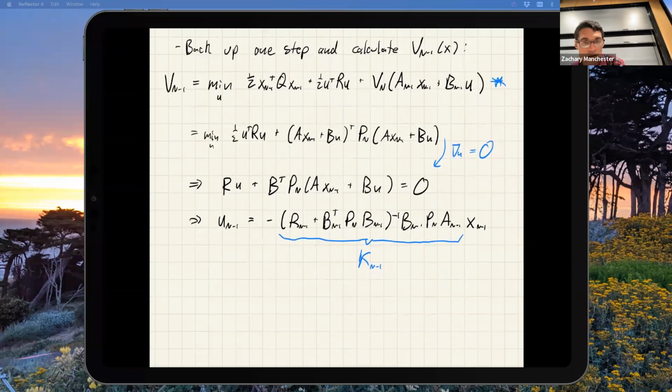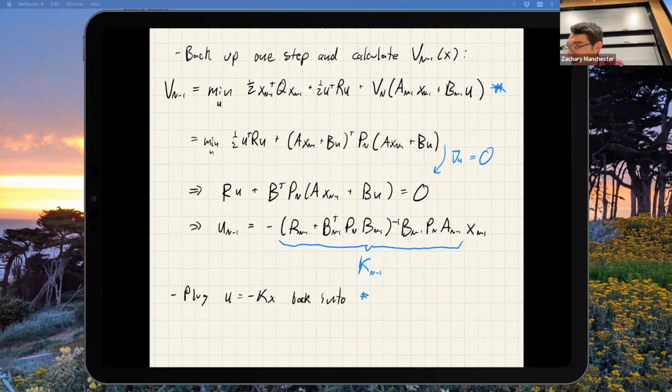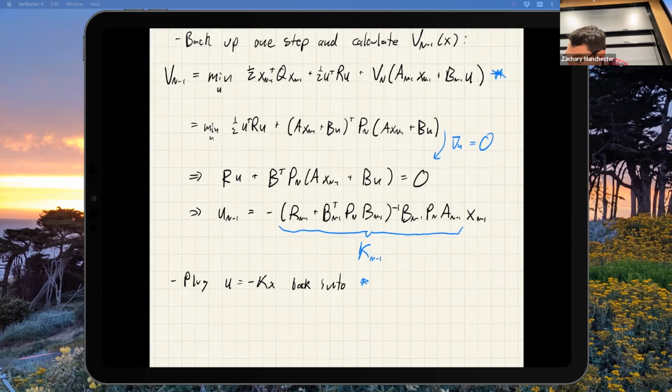Cool. So let me write that down. Plug U equals minus KX back into this starred equation up here. And I get now Vn minus 1 of X equals 1/2.